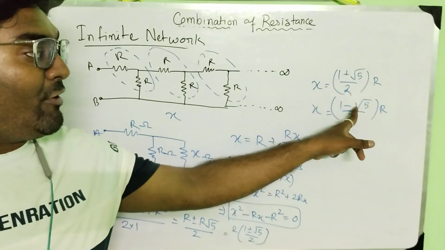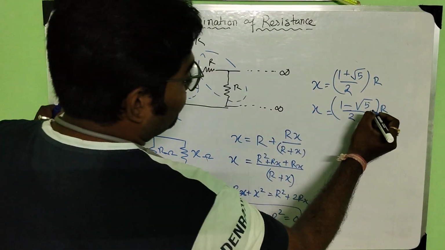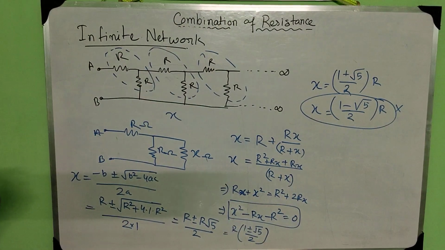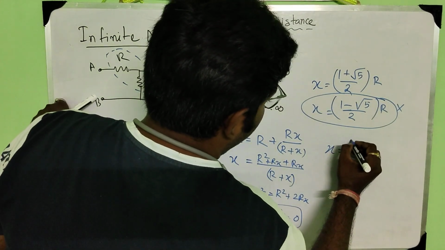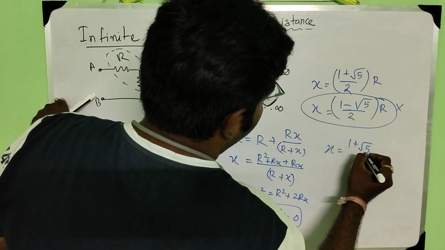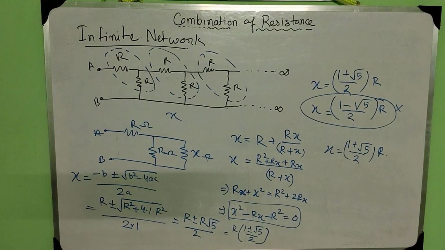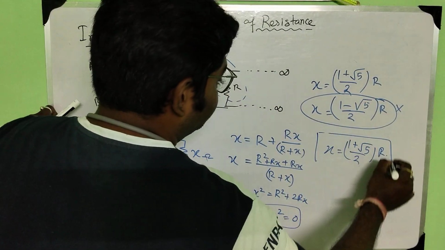The value of root 5 is greater than 1, so this will come as negative. So I cannot take this value because resistance cannot be negative. So the equivalent resistance of this circuit is 1 plus root 5 by 2 into R. This is the answer.